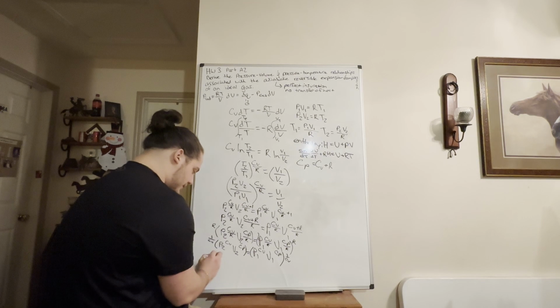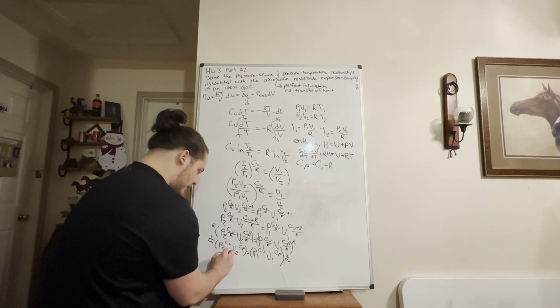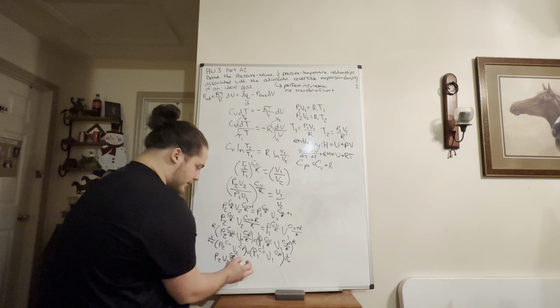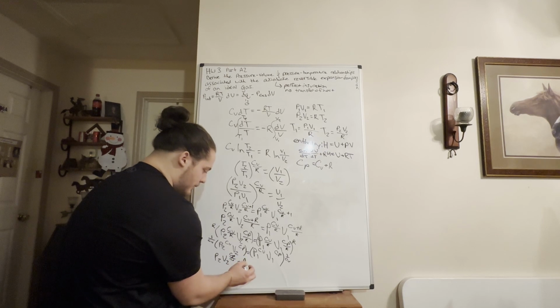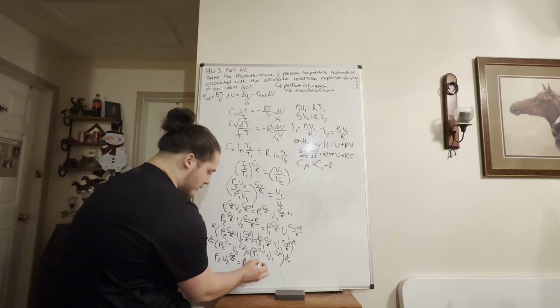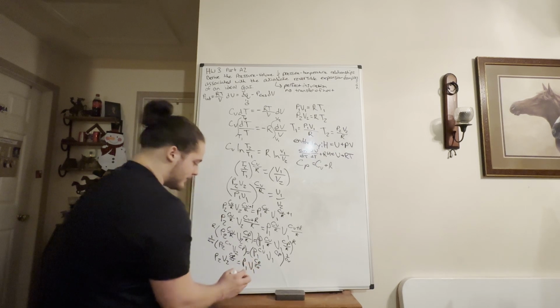So this will give us P2 times V2 to the CP over CV is equal to P1 times V1 to the CP over CV.